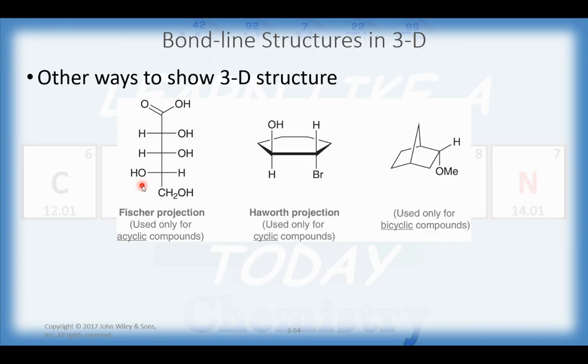And then you have Fischer projections, which are only useful for non-cyclic or acyclic compounds. And typically what you have there is the carbon backbone, instead of being drawn in a zigzag formation, is drawn vertically in a straight line formation. And then any of your heteroatom groups are typically shown explicitly. And even sometimes the hydrogens, as you can see here.